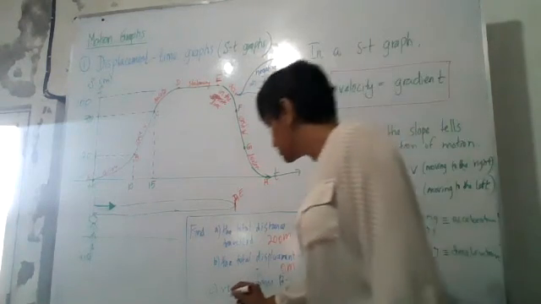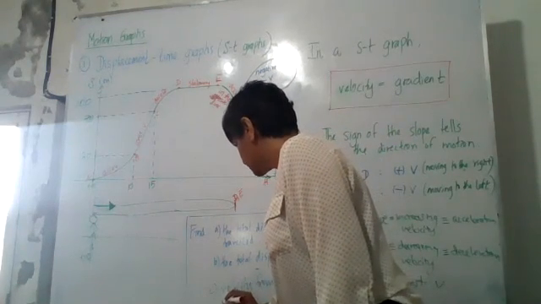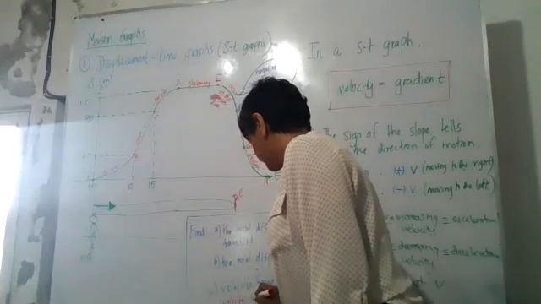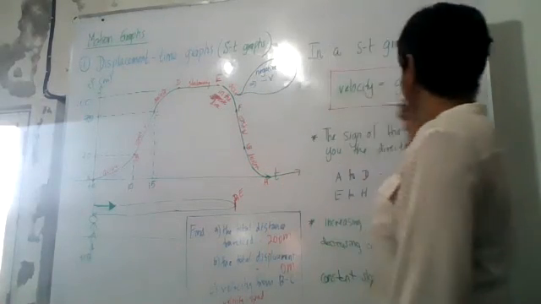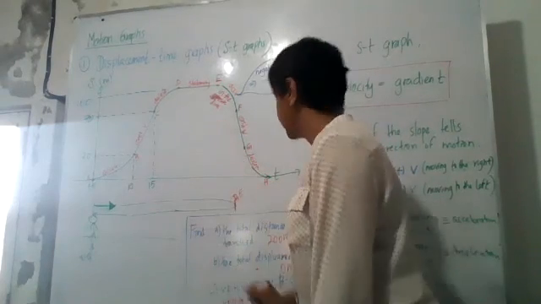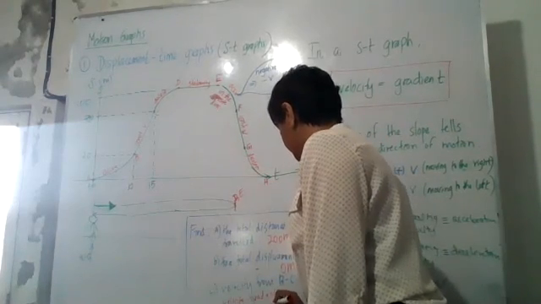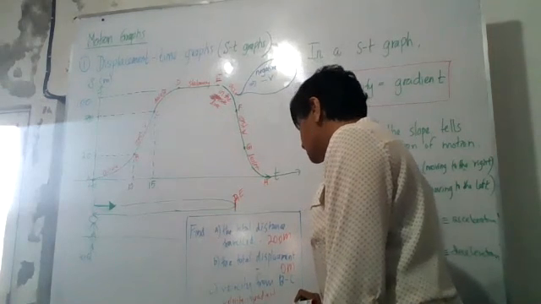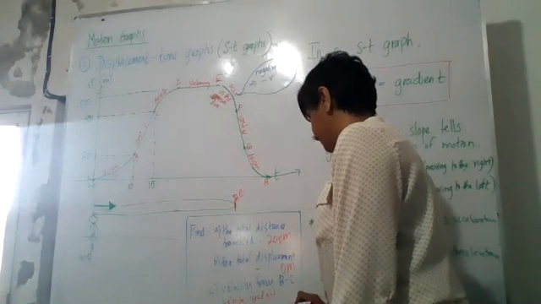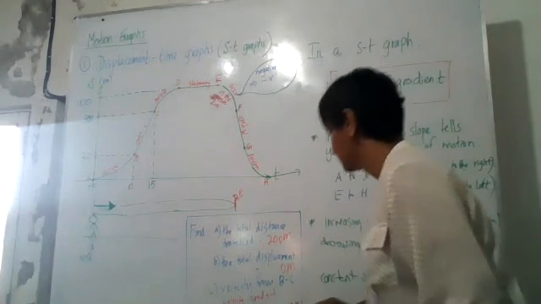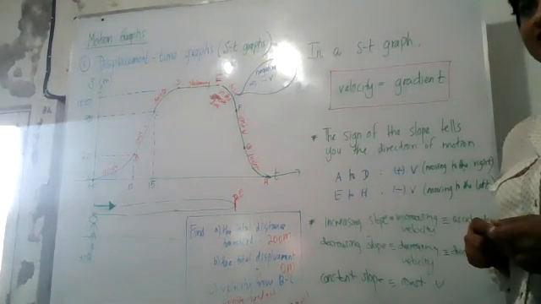Velocity you compute, you say velocity equals gradient. So you write this, and then you calculate the gradient. 70 minus 20 divided by 15 minus 10 is 10 meters per second. Little small computation.